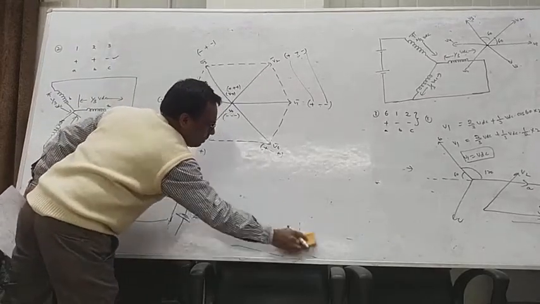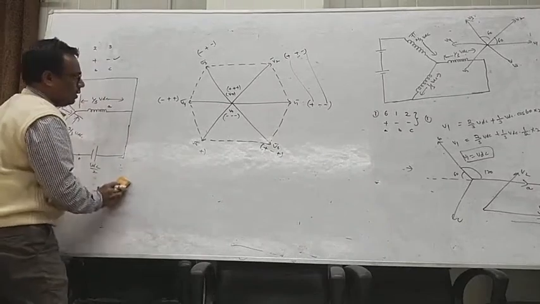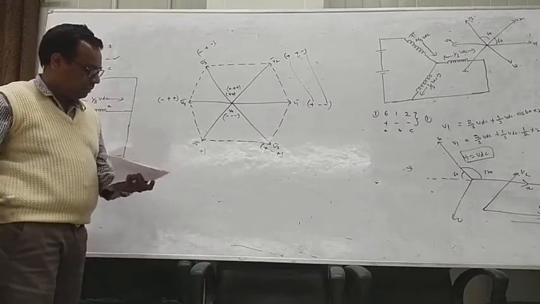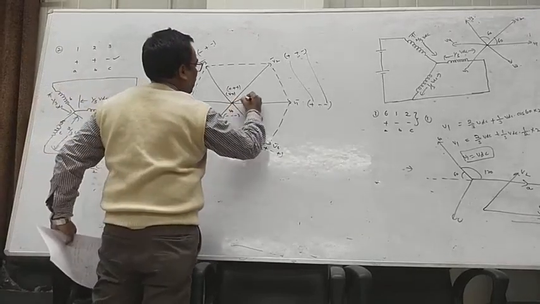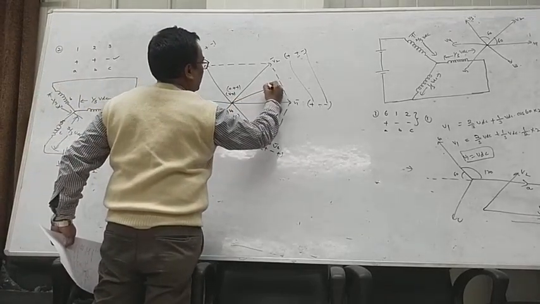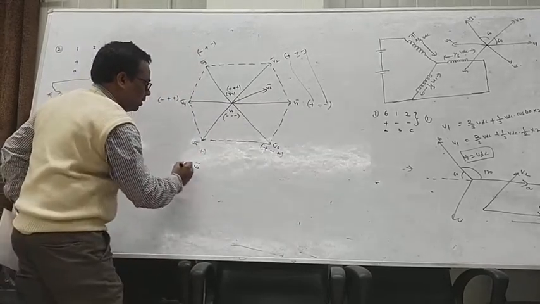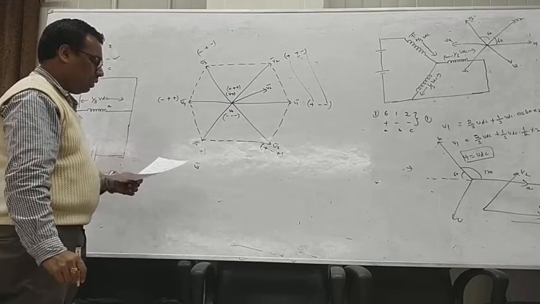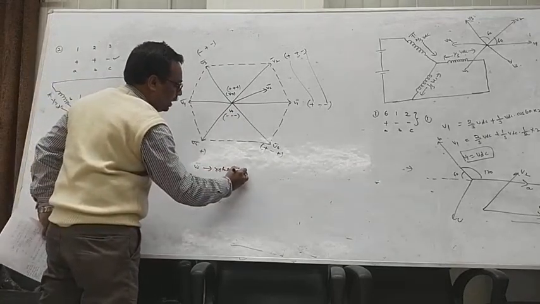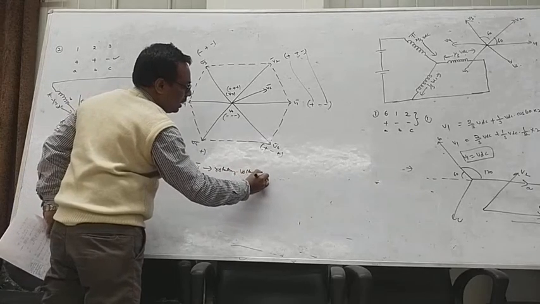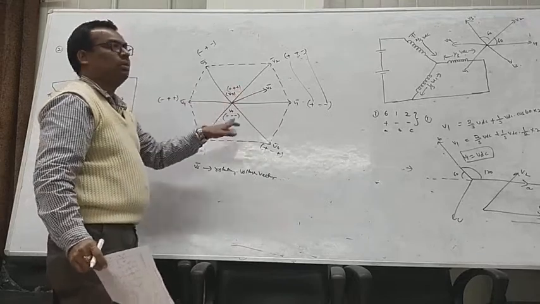If you consider, for example, this is Vs star. This Vs is a vector, a rotating voltage vector, and it rotates along with all the phases.